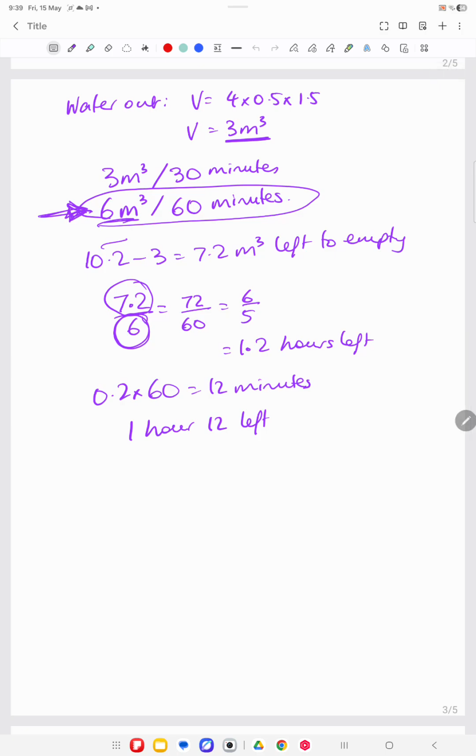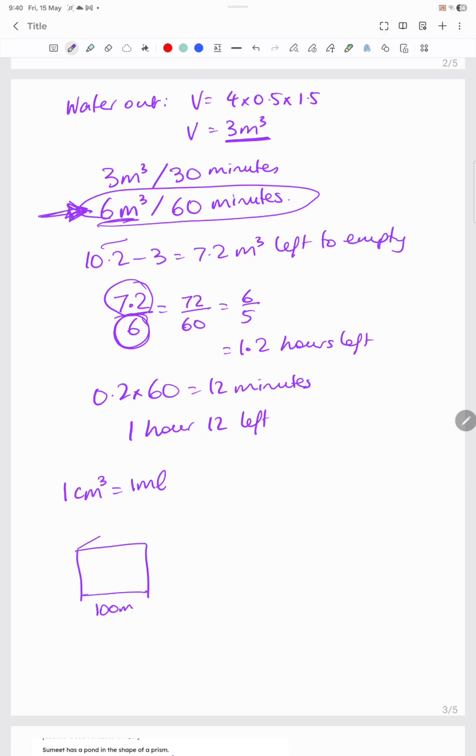Remember that when we're switching between liquid and solid volume, we have 1 cubic centimetre is equal to 1 millilitre. When we have 1 cubic metre, that's 100 centimetres by 100 centimetres by 100. So 1 cubic metre is equal to 100 times 100 times 100 centimetres cubed.